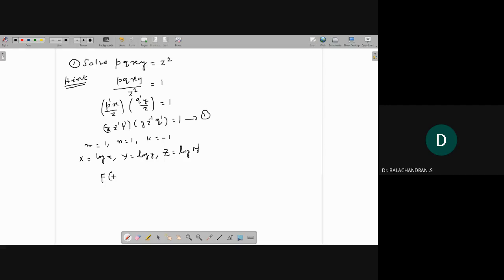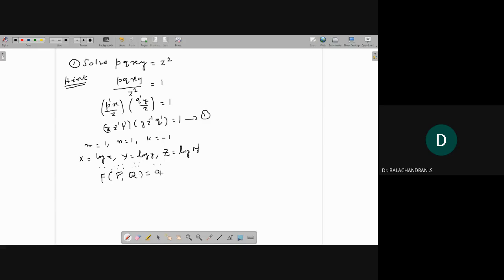F of capital P, comma, capital Q equal to 0. Here, I missed some steps, so you need to solve here.